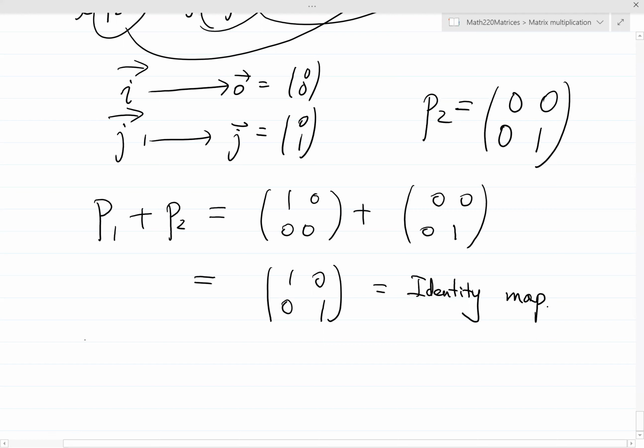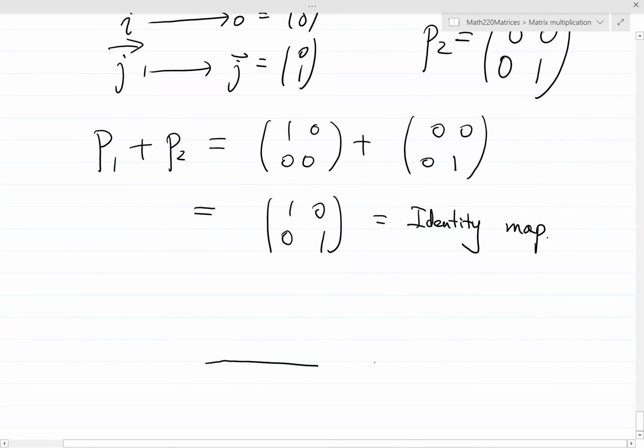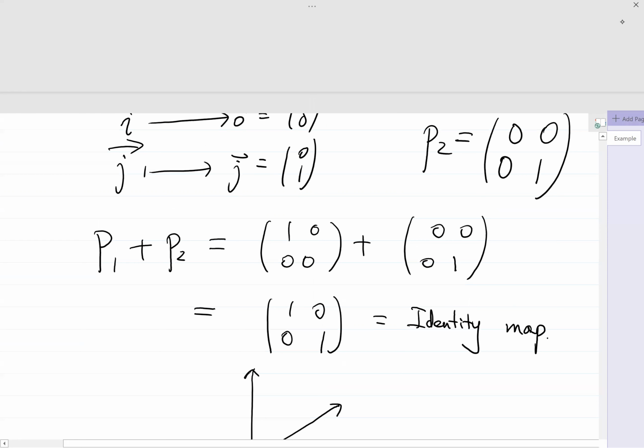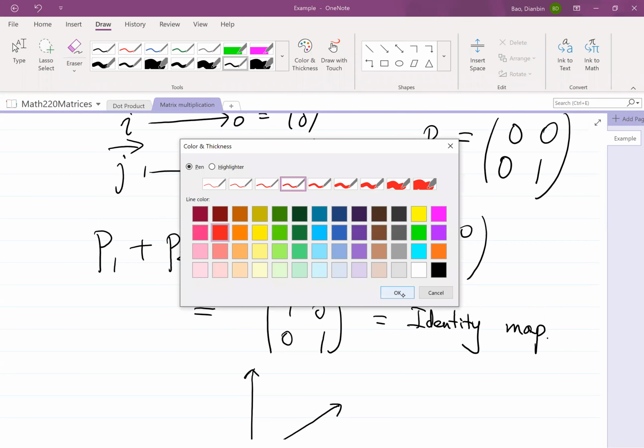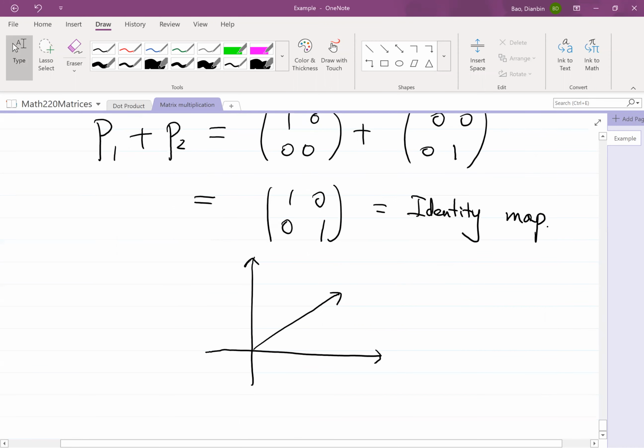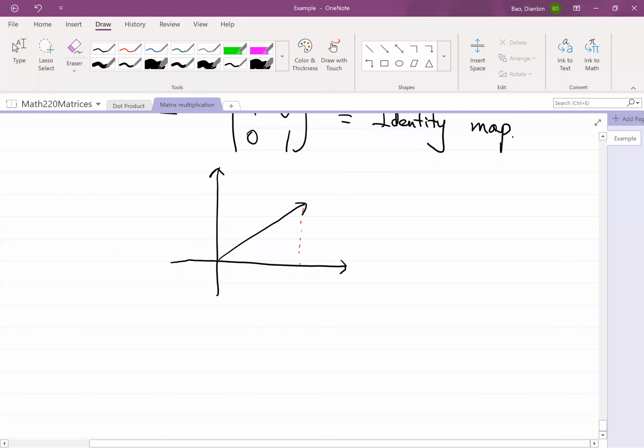The idea is the following. If you have a vector (x, y), you can project onto the x-axis. This is the projection on the x-axis.